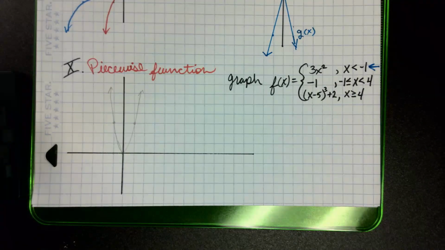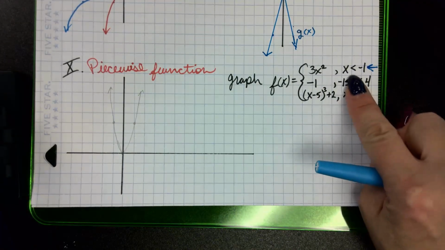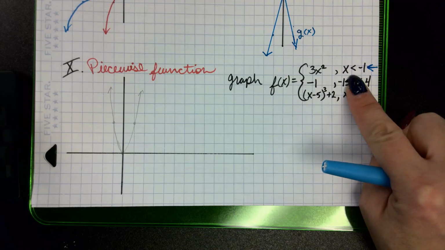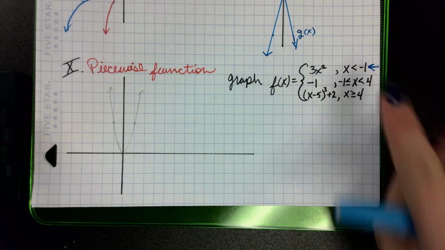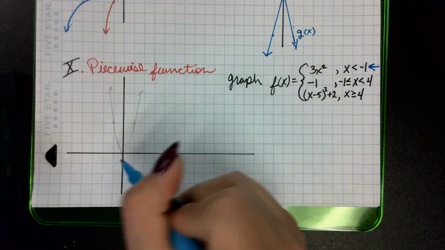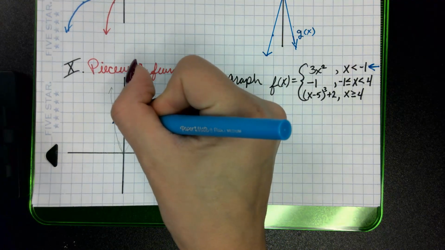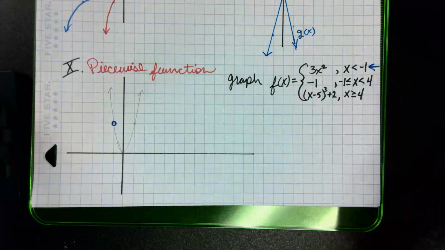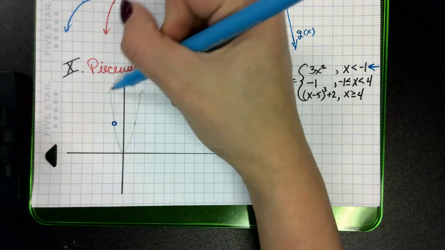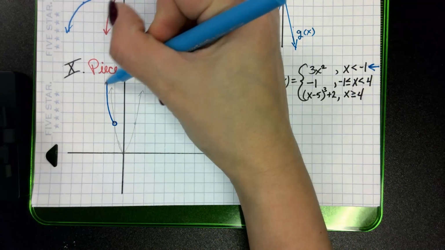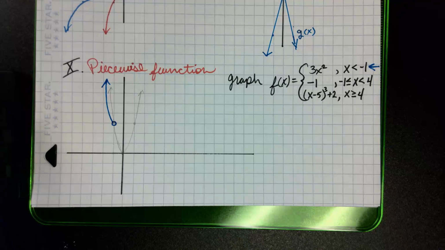But I'm only concerned about when x is less than negative 1, and I'm not including negative 1. So if I go to where x is negative 1, and I go to my graph, I have this point, but I'm not including that point, and I only want everything smaller than that. So I'm just using that part of the parabola.